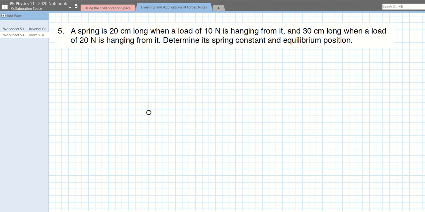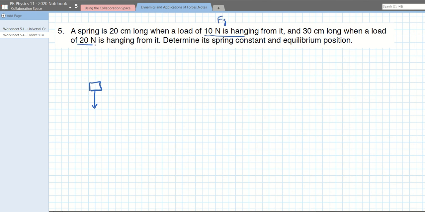So for a load of 10 newtons, we're going to have a mass on a spring here. Then we're going to have two forces acting on this body, right? Let's say we already know what the force of gravity is, the 10 newtons, because it's hanging from it. This is our Fg here.